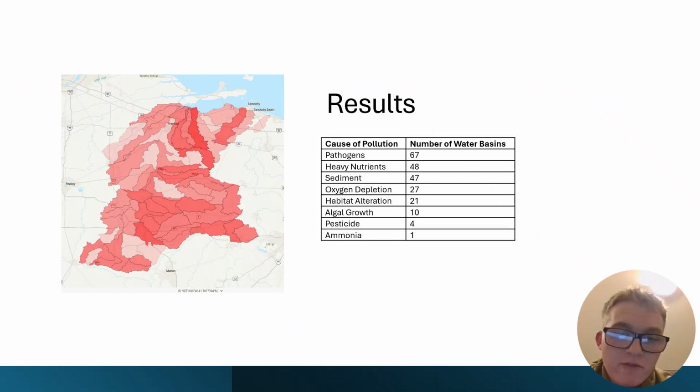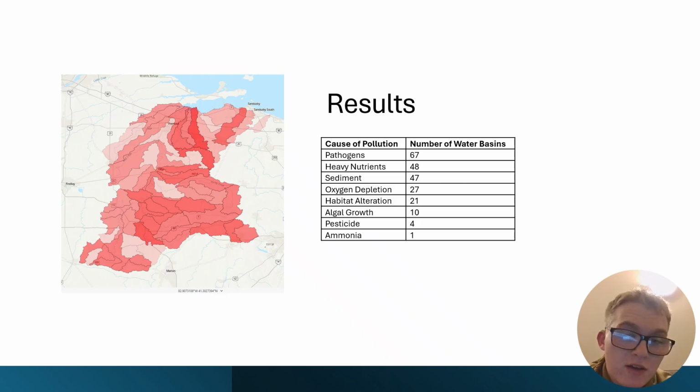This can be seen on my first map here. So on the left here you can see that some areas have a more intense red. Those areas specifically have more pollutants in them. So the redder it is, the more types of pollutants that are affecting that catchment.